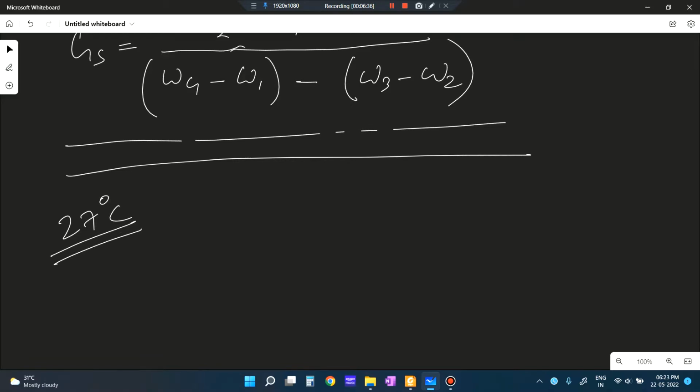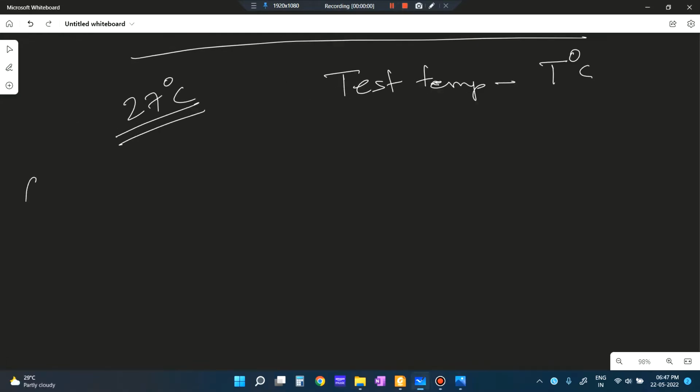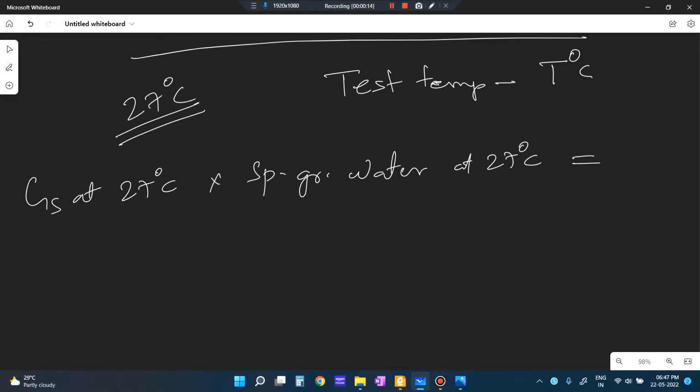So suppose if your test temperature is T degree centigrade, then we can write Gs at 27 degrees centigrade multiplied by specific gravity of water at 27 degrees centigrade equals Gs at the test temperature, that is T degree centigrade, multiplied by specific gravity of water at T degree centigrade.